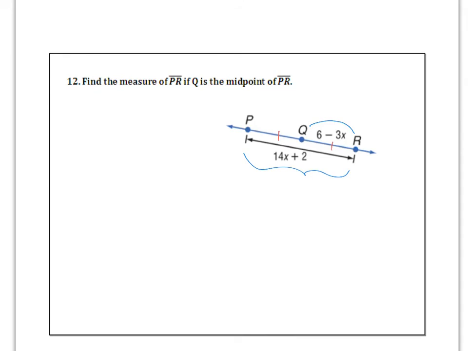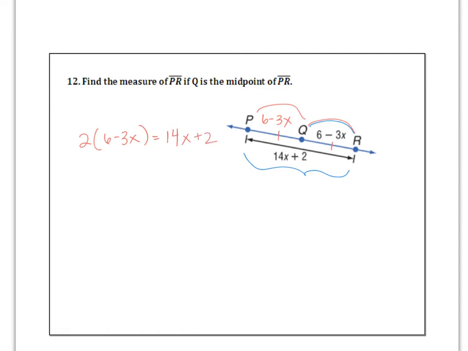And if Q to R is 6 minus 3x, then P to Q can also be 6 minus 3x. They can be the same. And so if you add the two small ones together, it should equal the big one, right? So in other words, 2 of the 6 minus 3x's should equal 1 of the 14x plus 2.